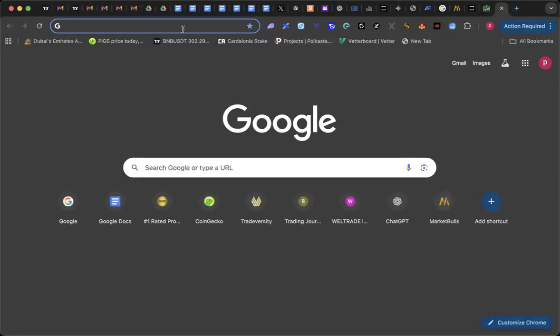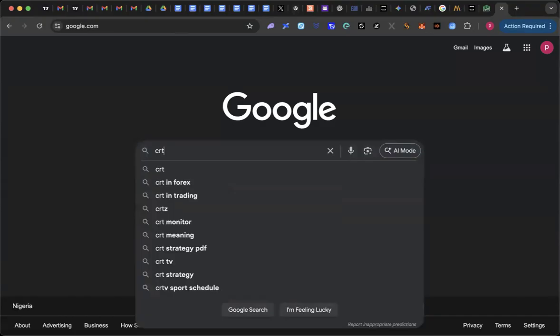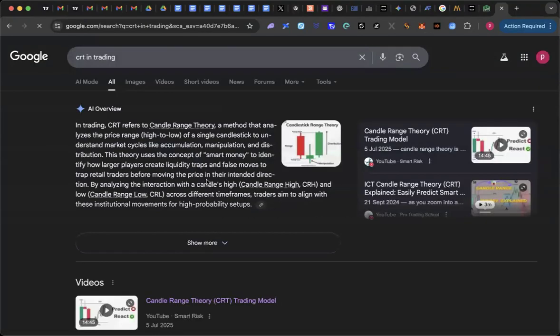So let me just show you CRT, okay, trading. What did he say? In trading, CRT refers to capital range theory, a method that analyzes the price range, high to low, of a single candlestick to understand market cycles like accumulation, manipulation, and distribution.